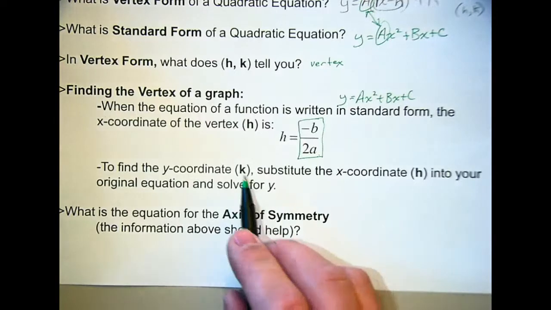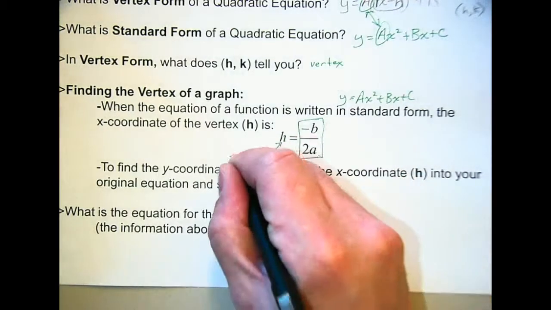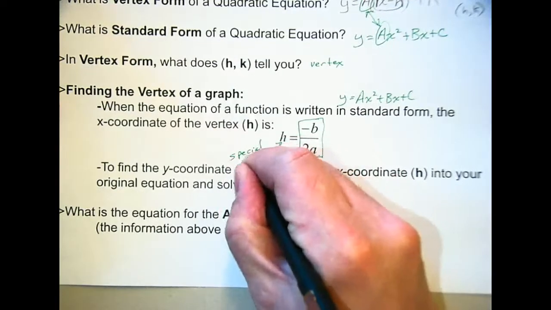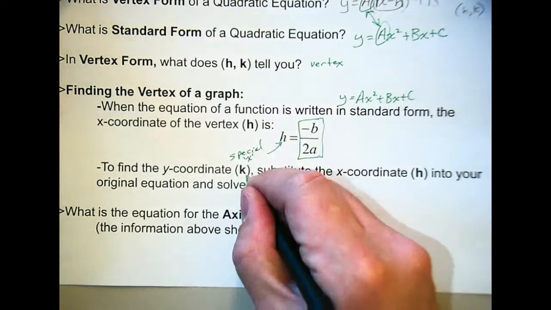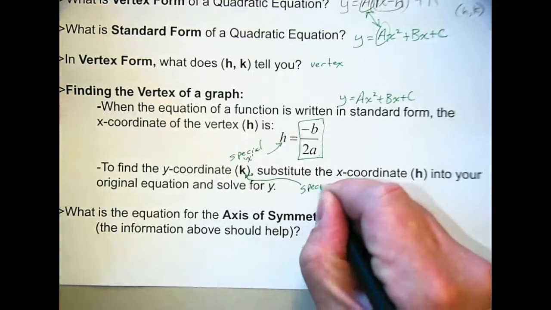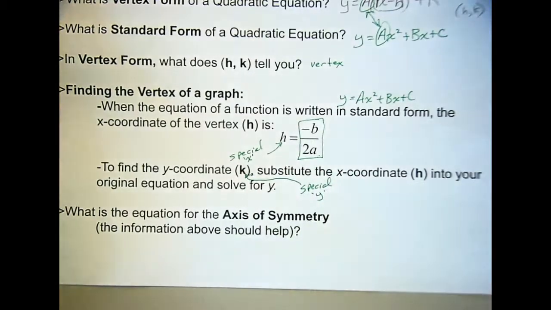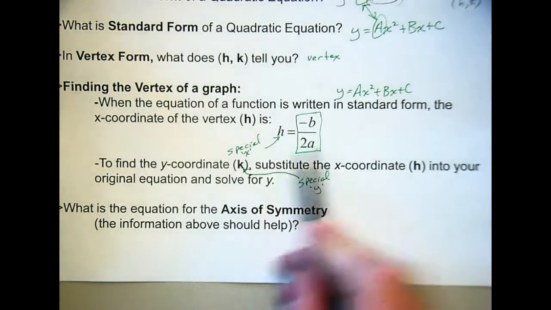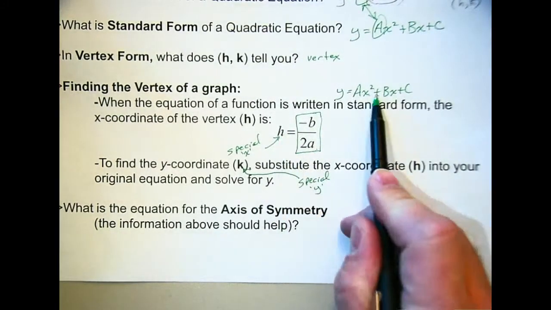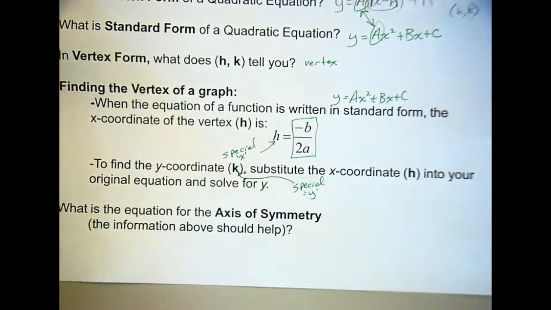So remember, h is a special x value, and k is a special y value. They are still xy values, though. Once we know this special x value of h, if we put that back into our equation, we find k, that special y value.